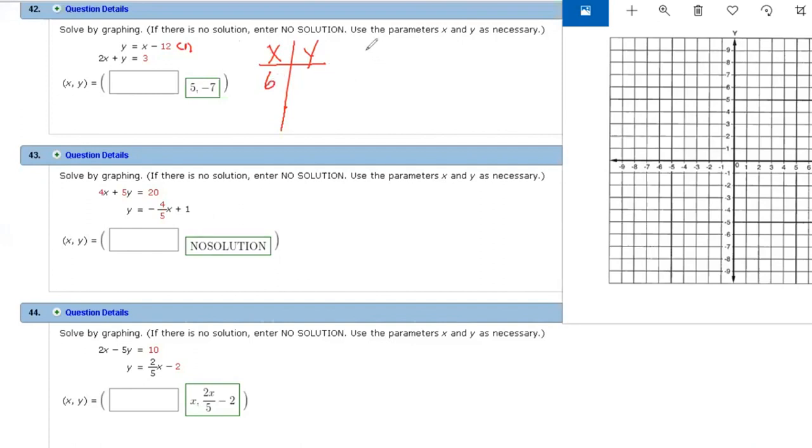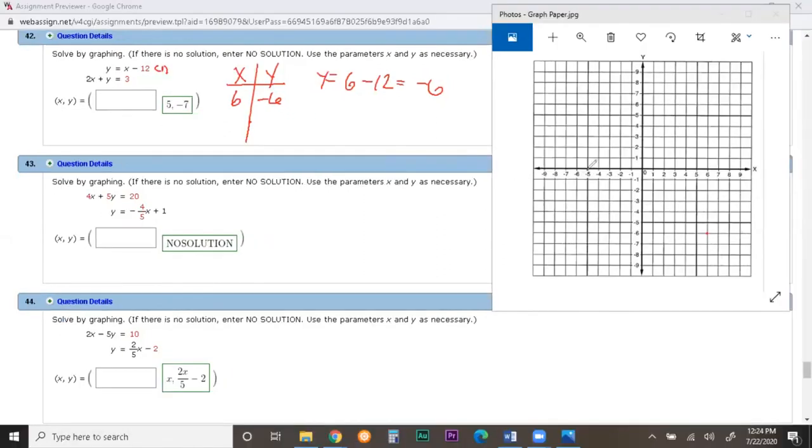Let's try 6 and see what happens. So y equals 6 minus 12. That means y would be negative 6. So that'll be 6, negative 6. Put a point at 6, negative 6. Let's put 8. So y equals 8 minus 12. That'll be negative 4.